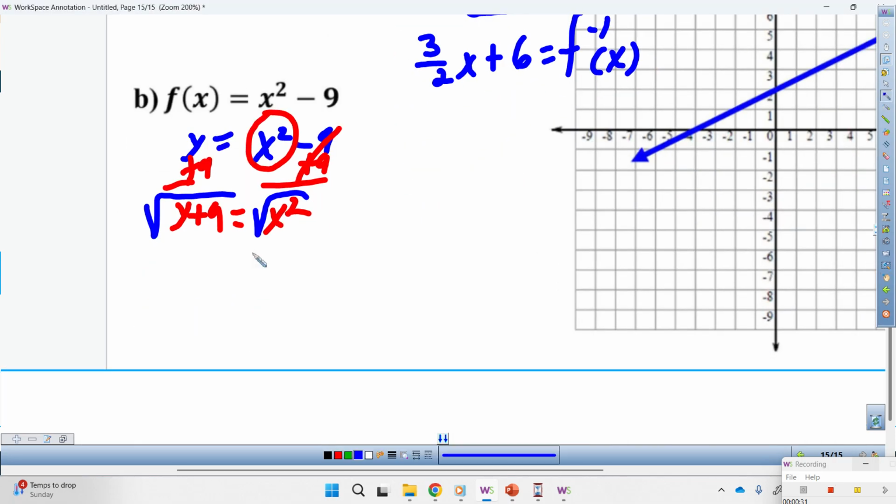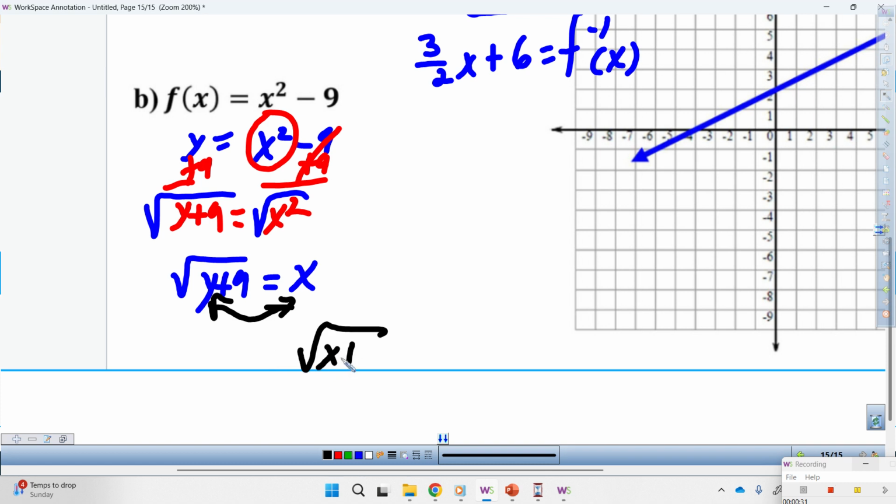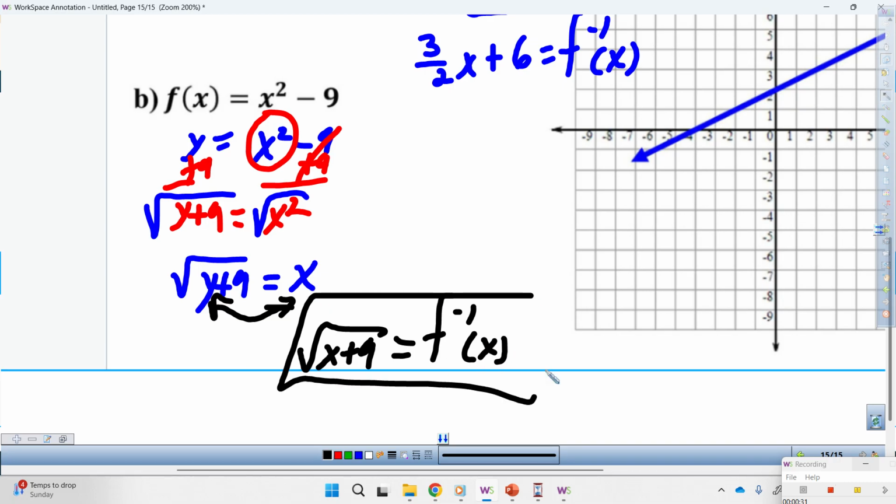So we end up with square root of y plus 9 equals x. Are we done? No, exchange the variables. That one and that one. So we end up with square root of x plus 9 equals y. But I'm just going to change it to f inverse of x. Hands if you got that by yourself. All right, not bad.